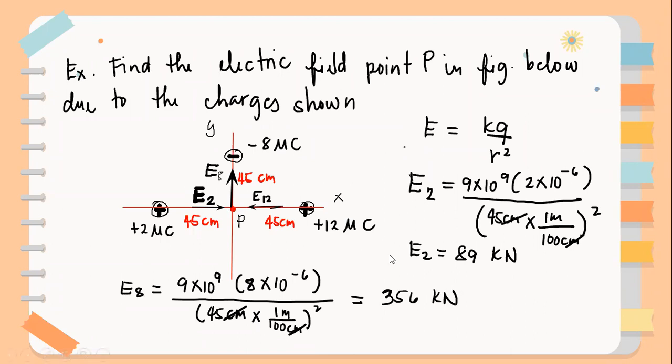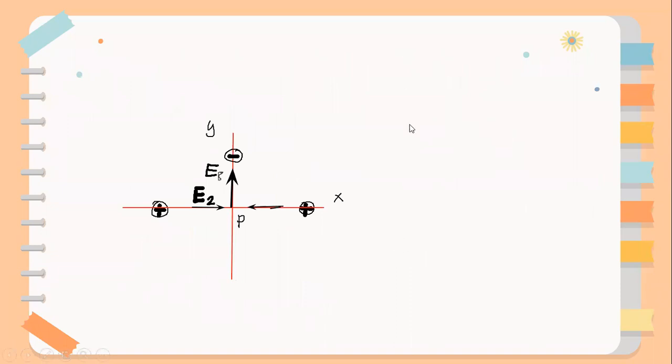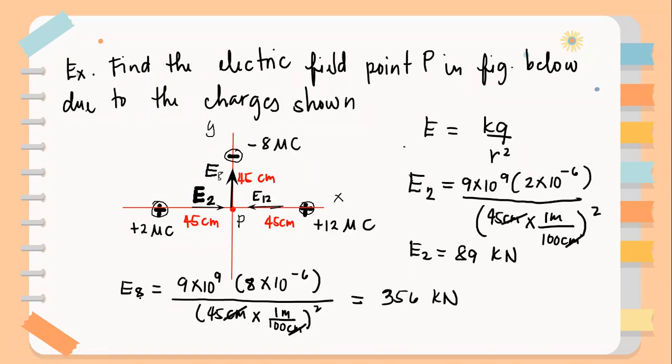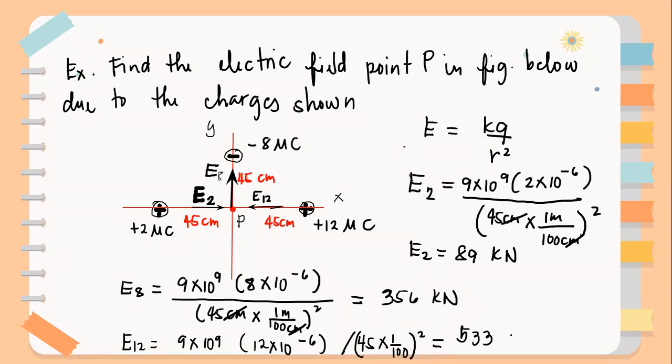Now for E12, E12 is equal to 9 times 10 to the 9 times 12 times 10 to the negative 6 divided by 45 times 1 over 100 squared, equal to 533 kilonewtons per coulomb.